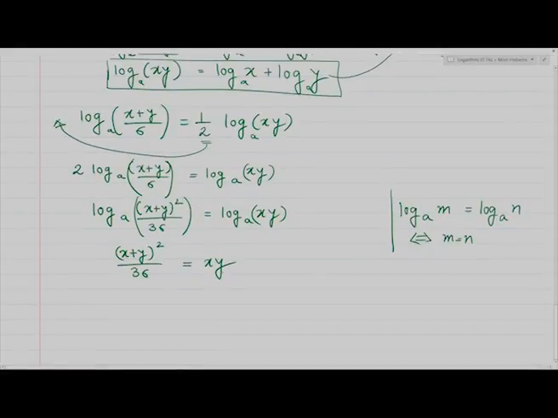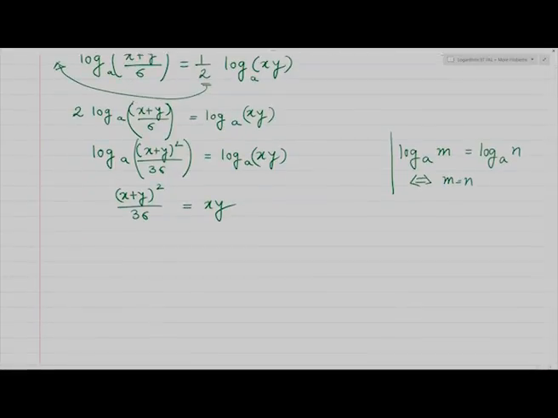If I expand this and divide the entire term by xy or do some manipulation, then I will get y by x and x by y. So, let us try to do it. This is x square plus y square plus 2xy is equal to, I will pull this 36 to the numerator on the right hand side, 36xy.